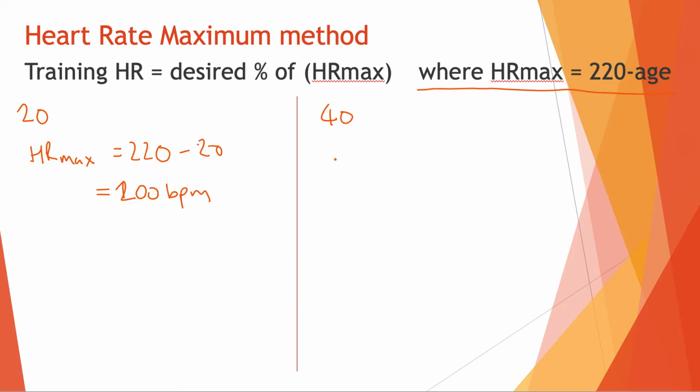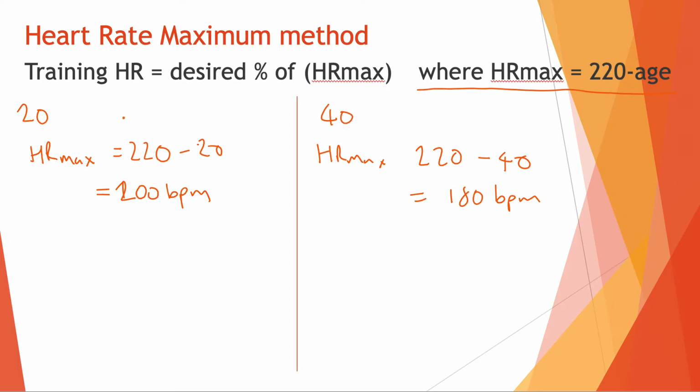Compared to the 40-year-old, their heart rate max is going to be 220 minus this time 40, which is equal to 180 beats per minute. So we can see how an older individual has a lower maximum heart rate. Therefore, when we work out percentages of these, the older person is going to have a lower training heart rate.